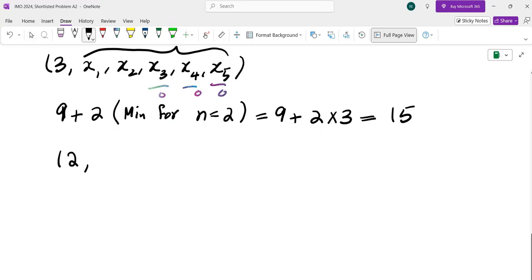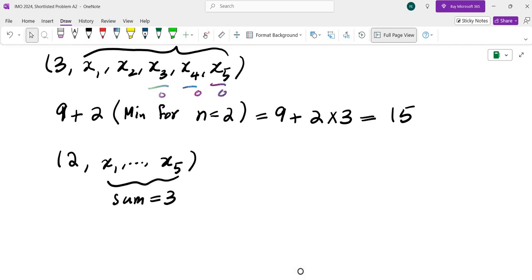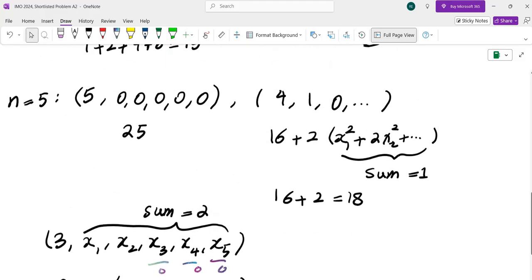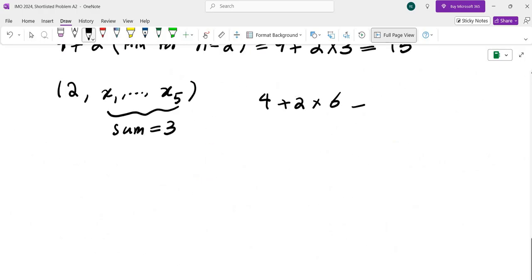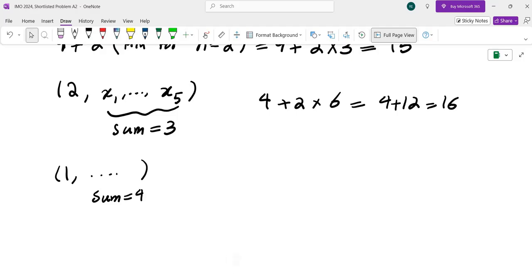If the first one is 2, then the sum here is equal to 3. So I can look at 4 plus twice the minimum for n equals 3, and the minimum for n equals 3 is 6. So I get 4 plus 12, which is 16. And if the first one is 1, then I have something here where the sum is 4. So what does that mean?